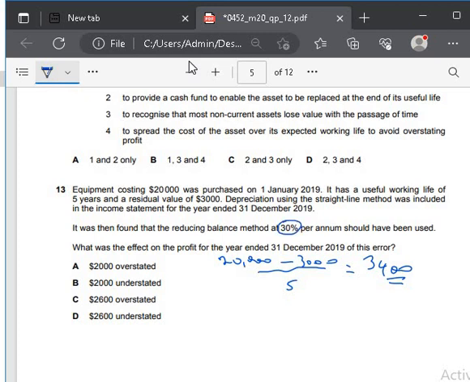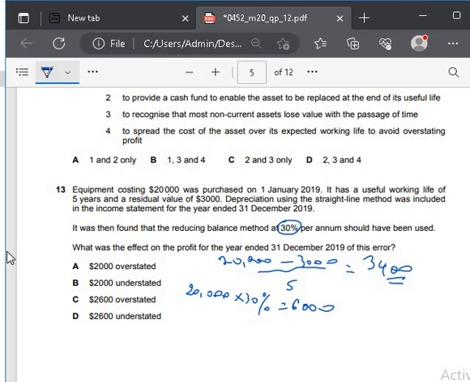So when they are giving you 30%, you just apply it to the cost straight away. So it means 20,000 times 30%. That was the first depreciation on the reducing balance method, right? So 20,000 times 30 over 100 is 6,000. So what do we conclude?